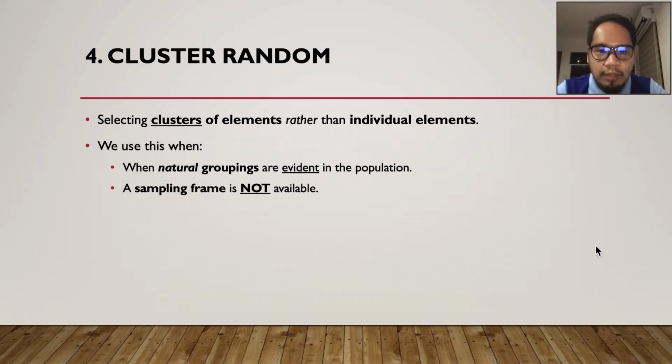That's important because it's the only one that doesn't require a sampling frame. SRS requires one. Systematic random sampling requires one. Stratified random sampling requires one. So if you want to have an inferential analysis in your statement of the problem in your research, but you don't have a sampling frame for any reason whatsoever, ethical reasons or something, this cluster random sampling is the go-to. Okay, so what's the procedure here?